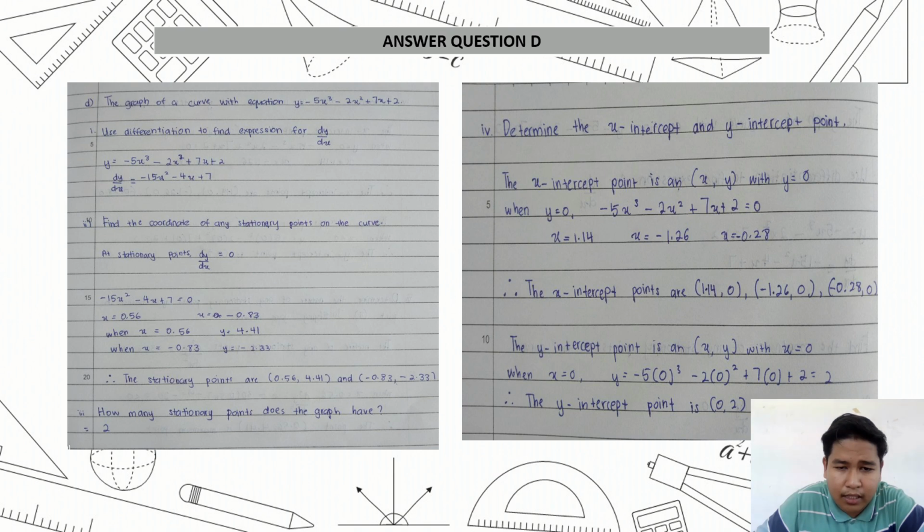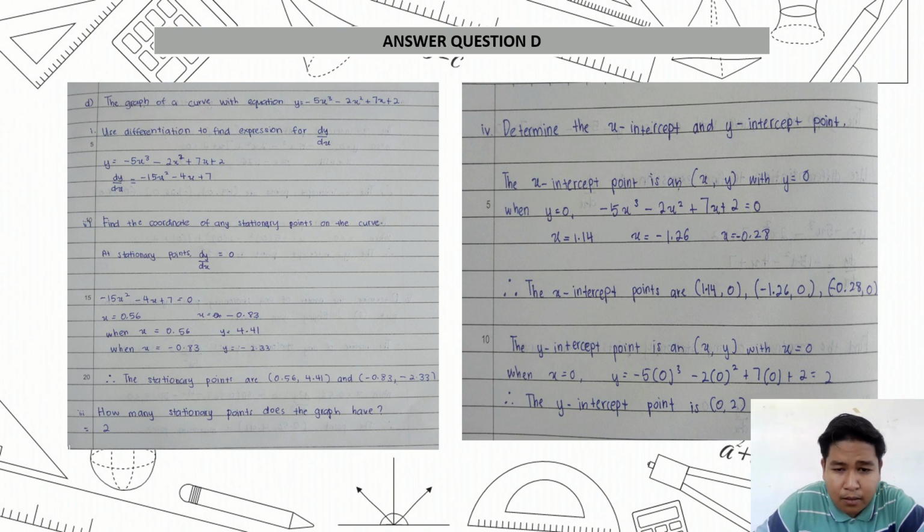So the conclusion, the x-intercept points are (1.14, 0), (negative 1.26, 0), and lastly (negative 0.28, 0).